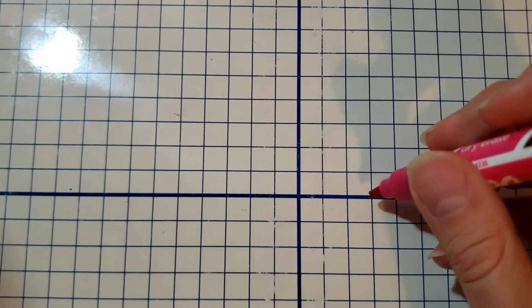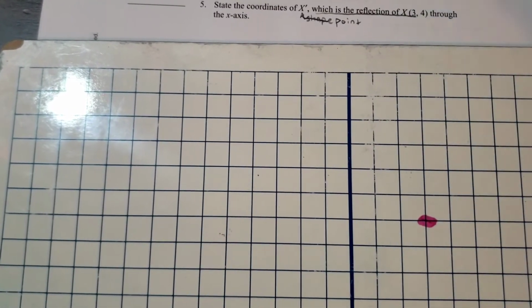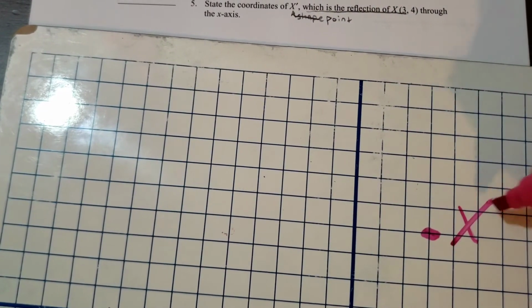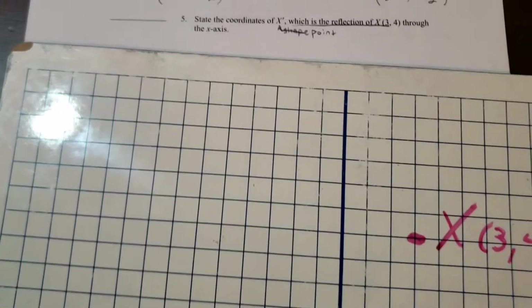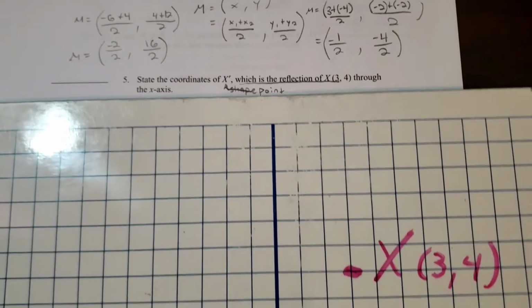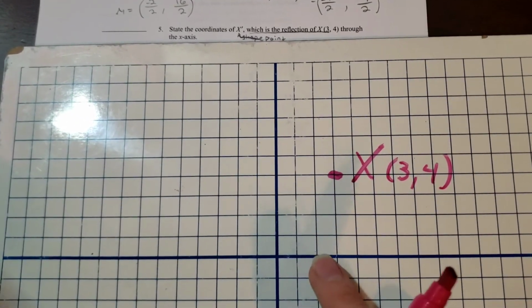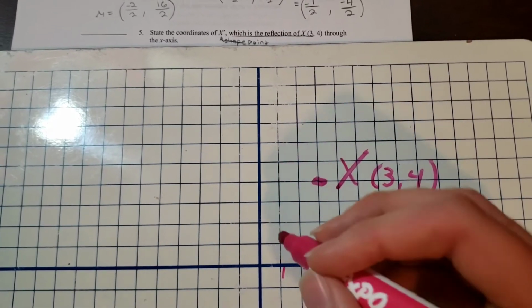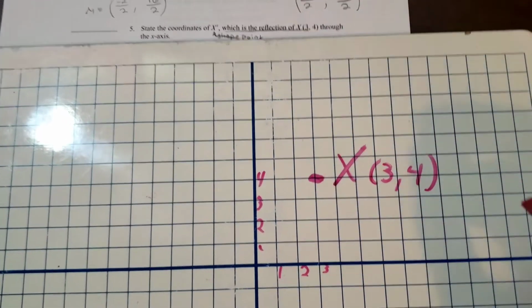So 1, 2, 3, 1, 2, 3, 4. Okay, so this is what we're working with right here. We see it's at 1, 2, 3, 1, 2, 3, 4.